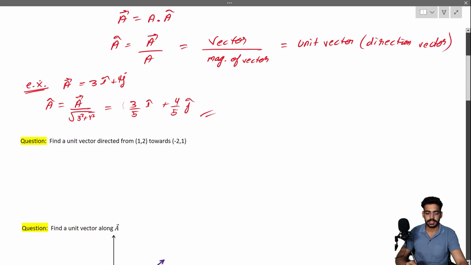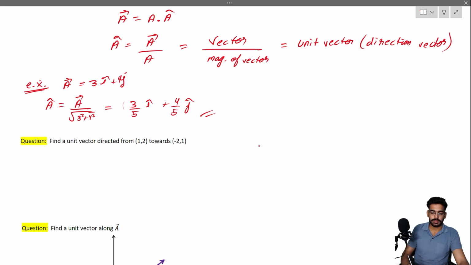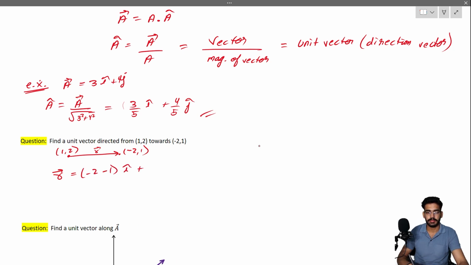Okay, next question, find a unit vector directed from 1, 2 towards minus 2, 1. So first find out the position vector from 1, 2 towards minus 2, 1. Okay, so if you get this R vector, first find out the vector, then you will convert it to unit vector. That is not a big deal. Minus 2 minus 1 i cap plus 1 minus 2 j cap.